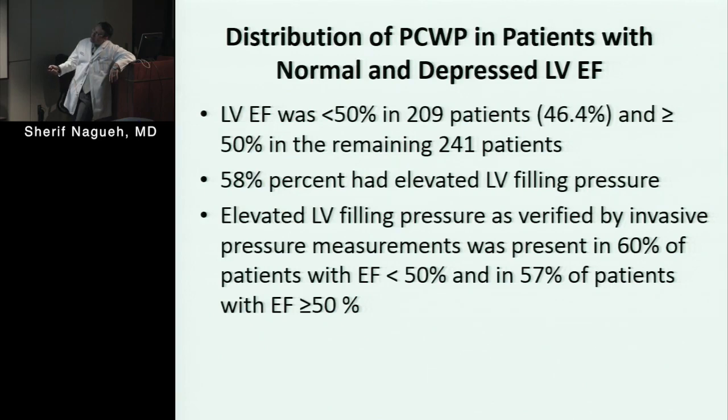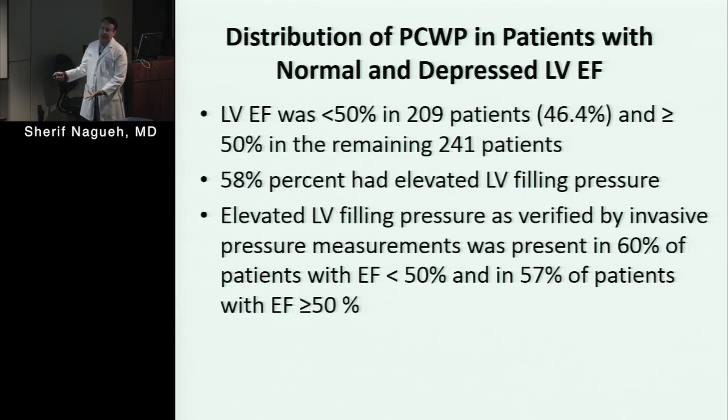Distribution of wedge pressure in patients with normal and depressed EF. We had 209 patients where EF was less than 50%, and 241 patients where EF was 50% or above. 58% had elevated filling pressures. Notice that 60% of the patients with depressed EF had elevated filling pressures.